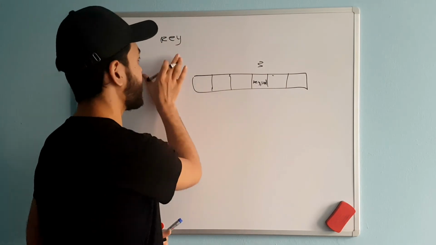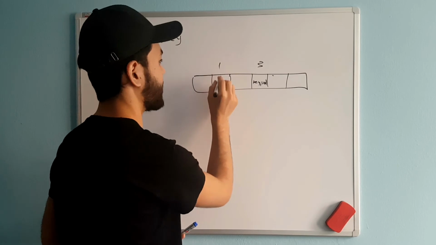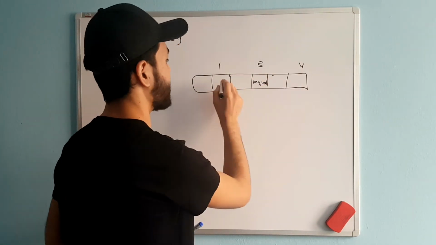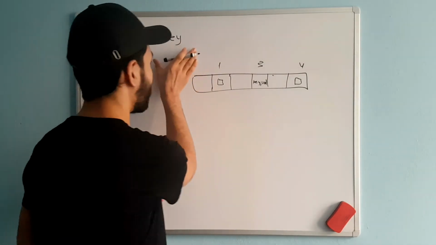After that, whenever we get a different key and the hash function gives us, for example, 1 or 4, we just store it there.